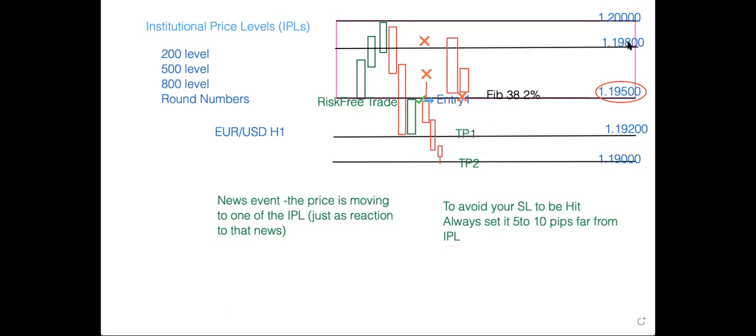Mostly big banks are using these levels to do something in the market. By that I mean to put their orders, to take their money, or even to take the money of retail traders.